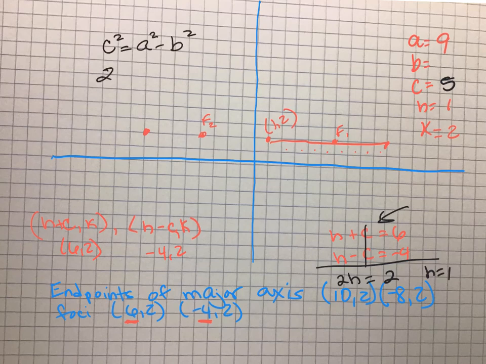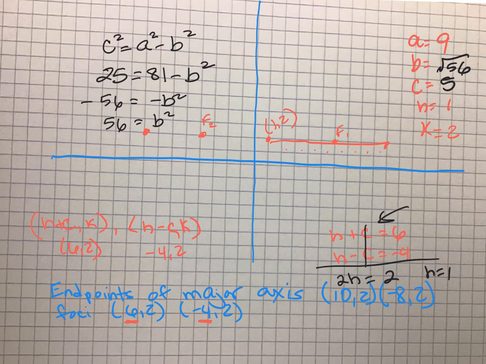So 25 equals 81 minus B squared. And now we leave the B alone. So now we have negative B squared equals negative 56. So B squared equals 56, and B is going to be the square root of 56, which can be simplified, but we're not going to worry about that right now.